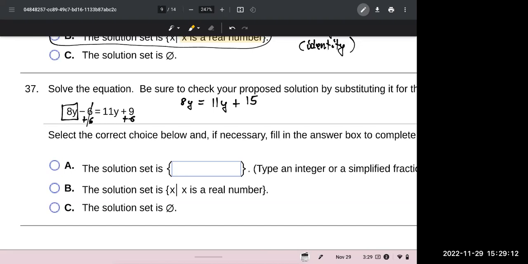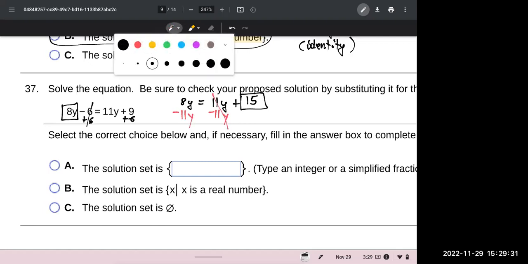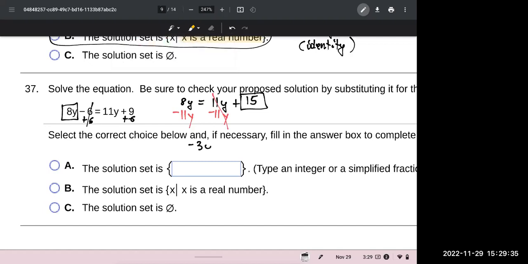So we want to solve the equation for y, which means on the right side, we only keep numbers. So I need to get rid of that positive 11y by subtracting 11y from right and from left. So now I have 8y minus 11y that will give you negative 3y equal 15.